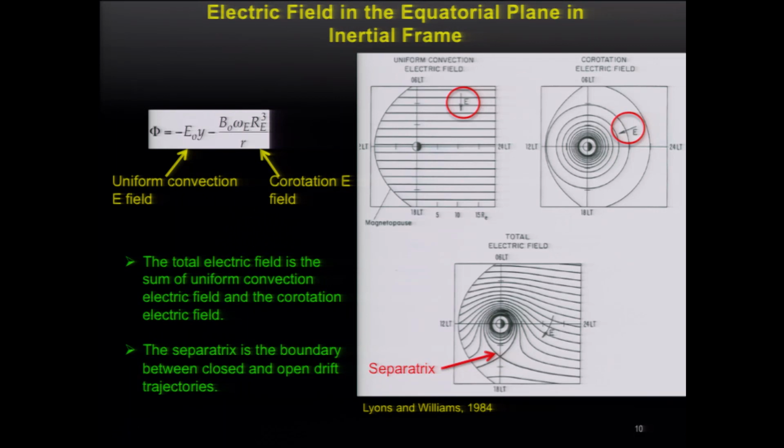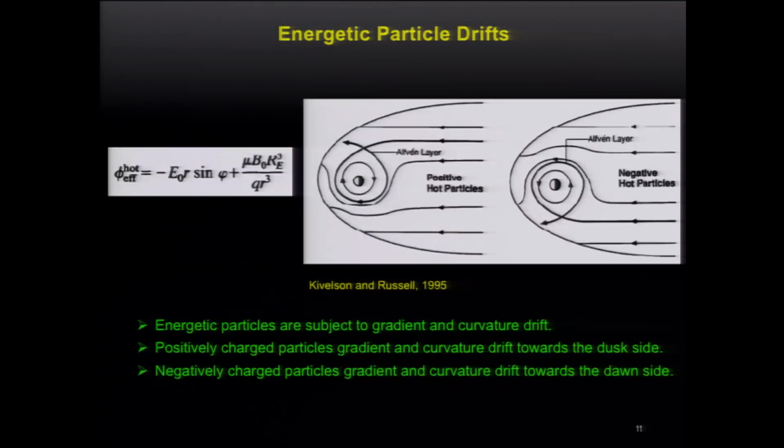Outside the separatrix, the trajectories are open, so cold plasmas following those trajectories are lost into the dayside magnetopause. Inside the separatrix, those plasmas drift in circles. And this is also the easiest explanation for the formation of the plasmasphere and plasmapause.